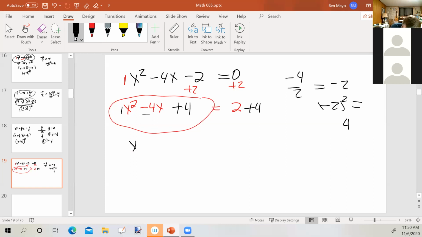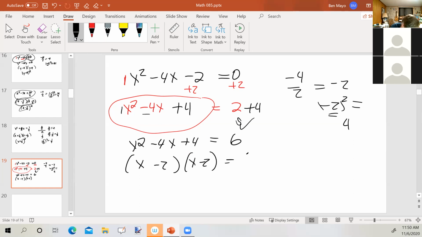So now what I've got is that. 2 + 4 is 6, okay? But on the left side of the equation, I now have a perfect square trinomial, which is going to be what? x minus 2, x minus 2, or x minus 2 squared equals 6.